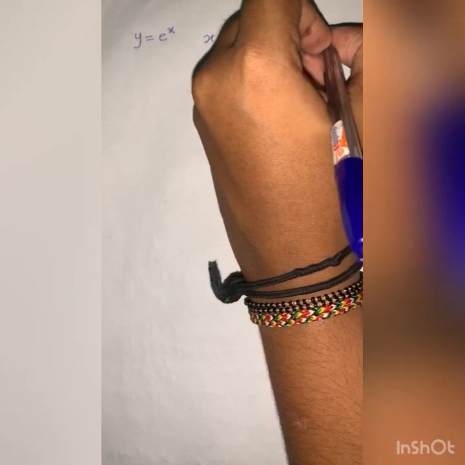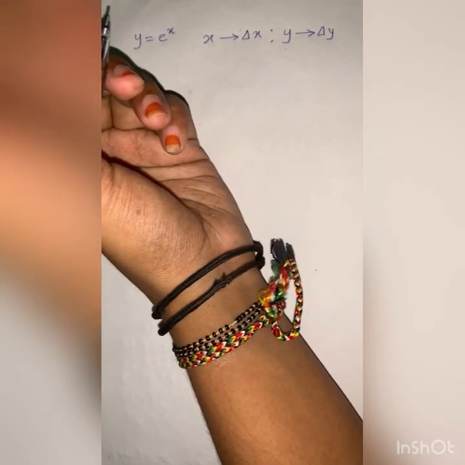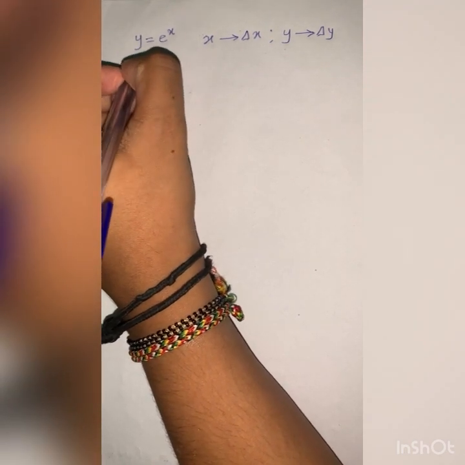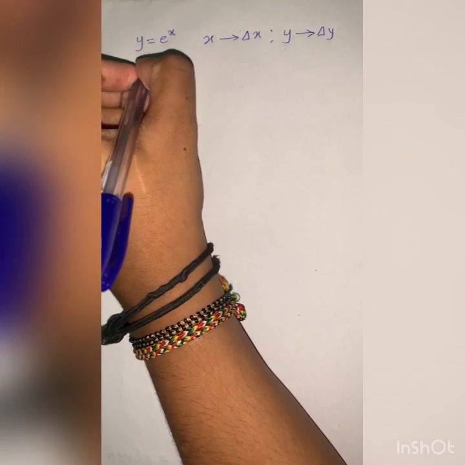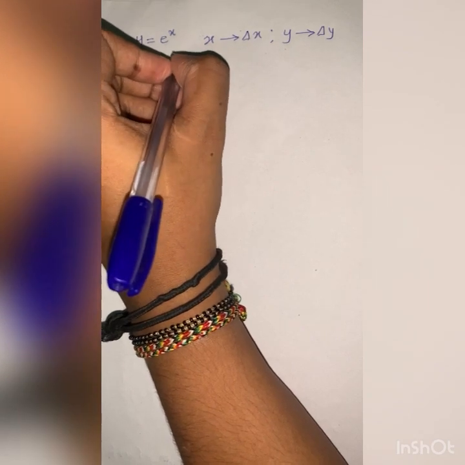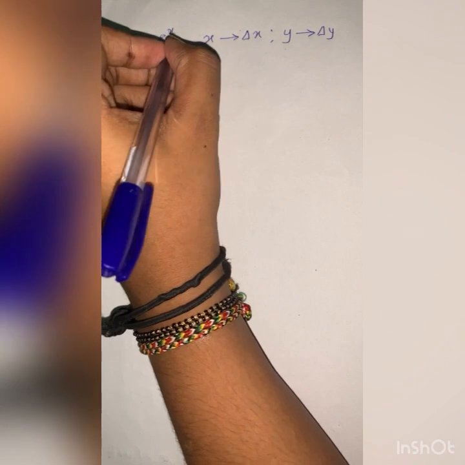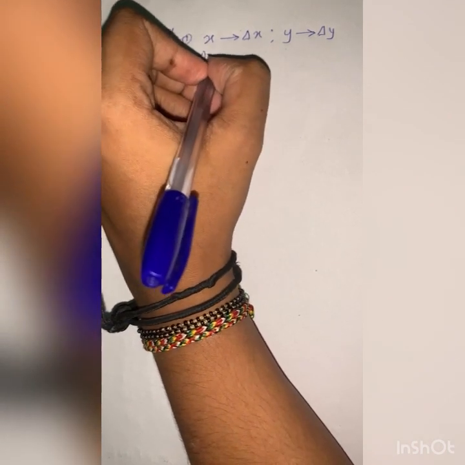The change is indicated as delta y. So we get the second equation, y plus delta y is equal to e to the power x plus delta x.